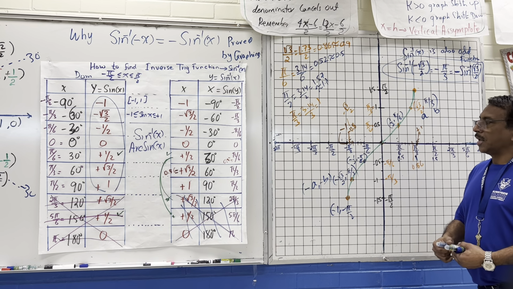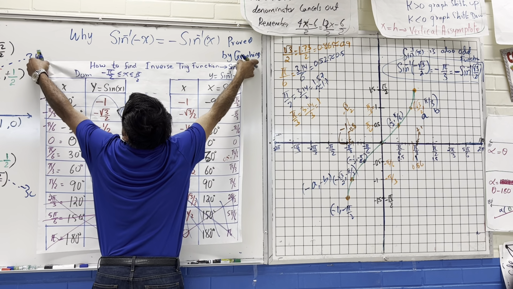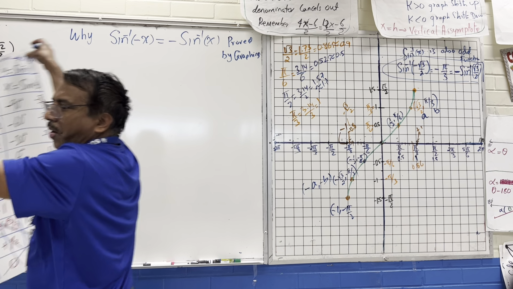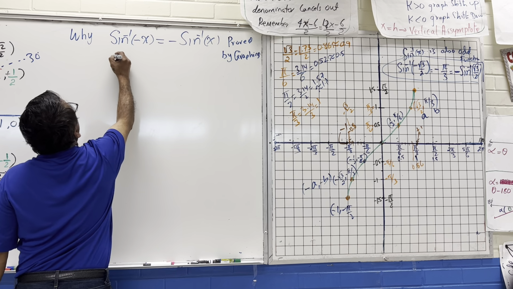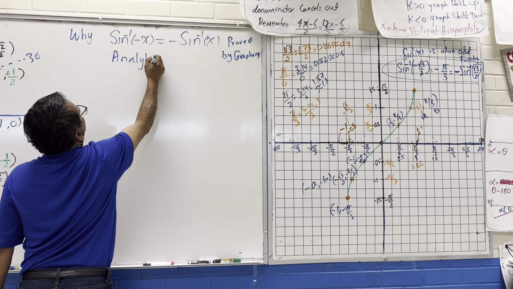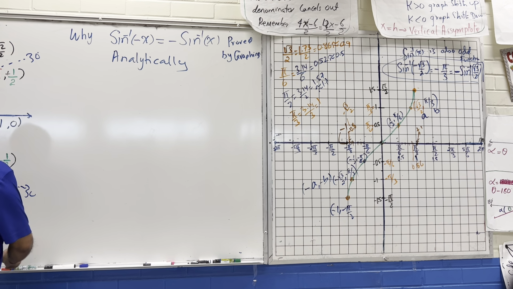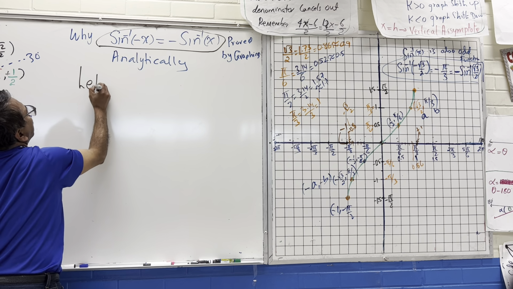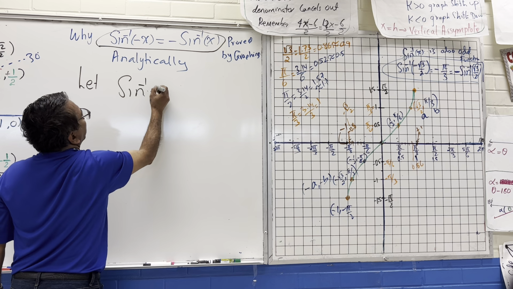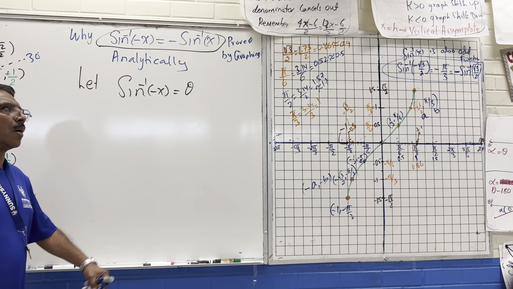This was proved using the graph and the points. But how do we do it analytically? So let's prove it analytically. We want to know why this is, right? So let's put sine inverse of -x equals theta.